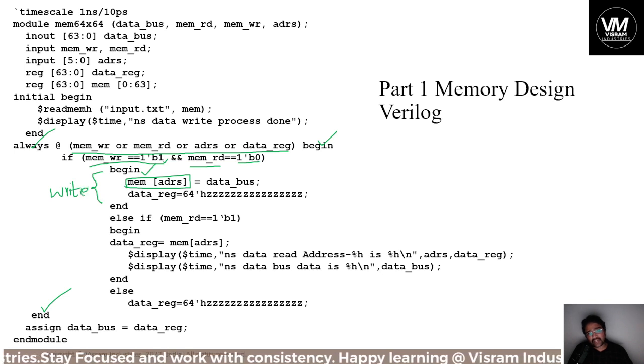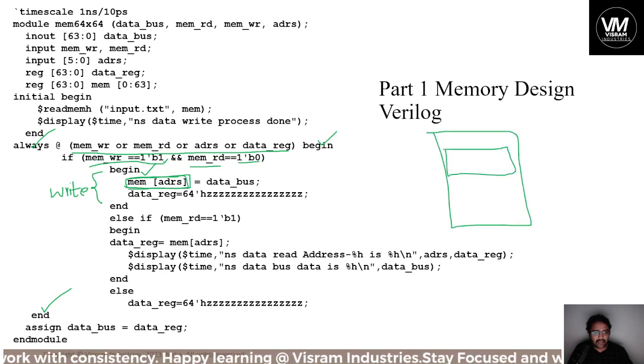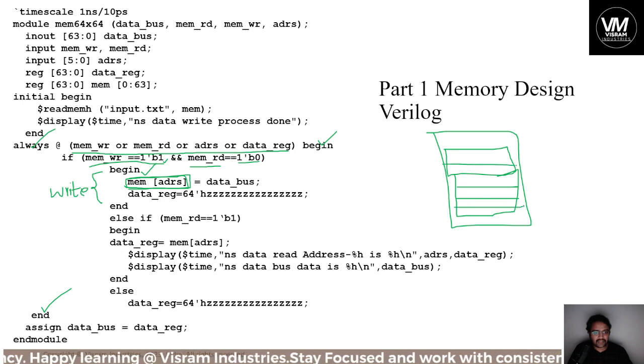And how is this write process happening? To the specific memory address location, any address location. For example, this is address location 5. For this address location, you are making it active, and whatever data comes from the data bus, right?